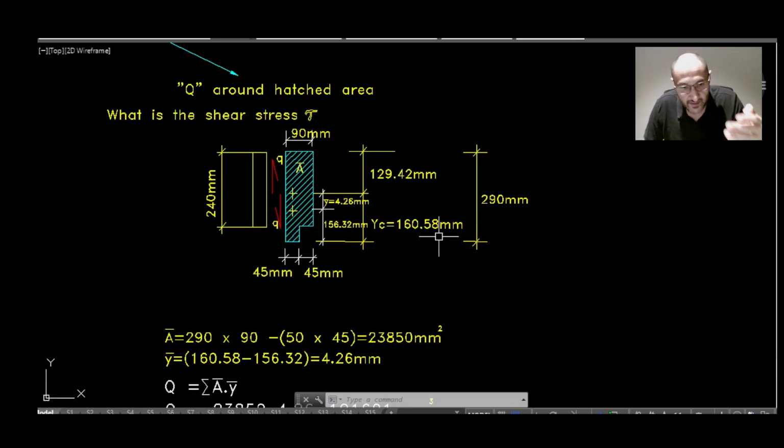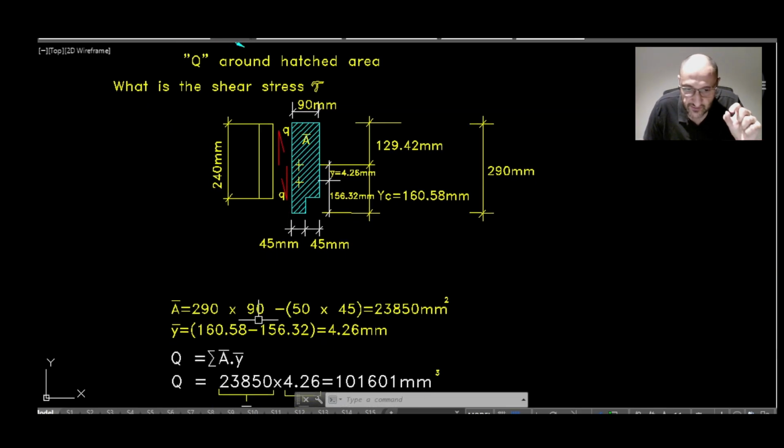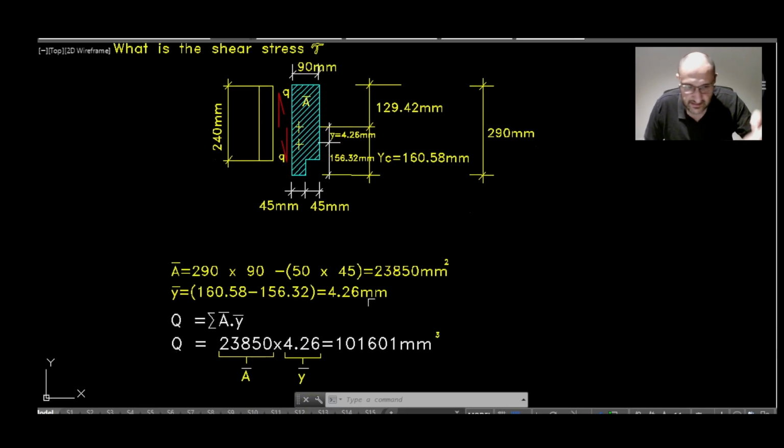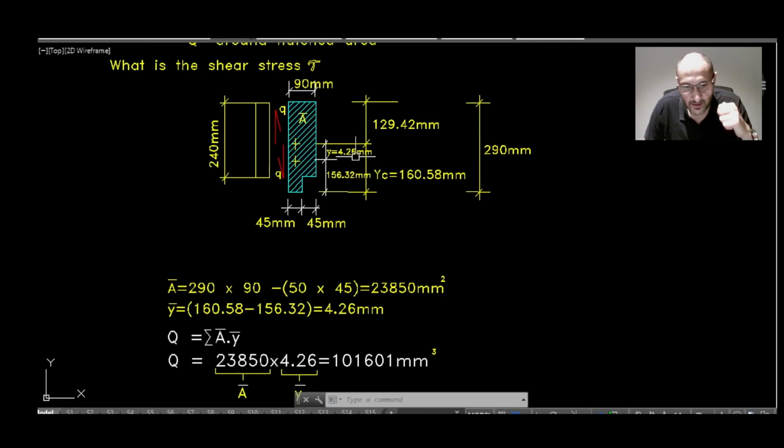A bar then becomes 290, this whole area, 290 multiplied by 90, minus that little bit there, which is 50 multiplied by 45. That will give us 23850 millimeters squared. And Y bar is simply 160.58 minus 156.32, and that will be 4.26 millimeters.